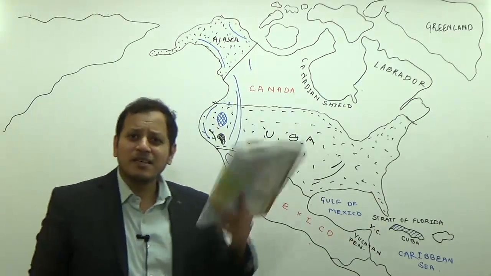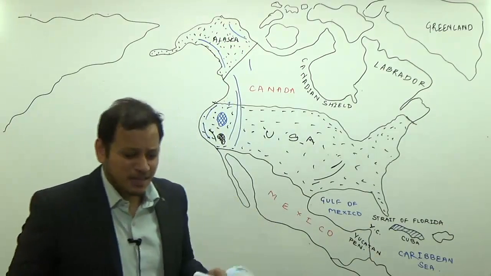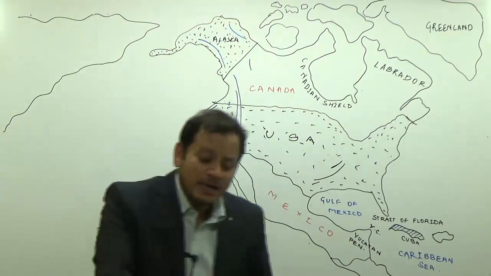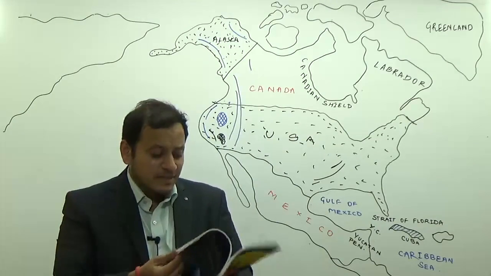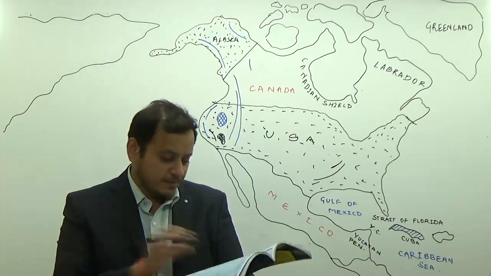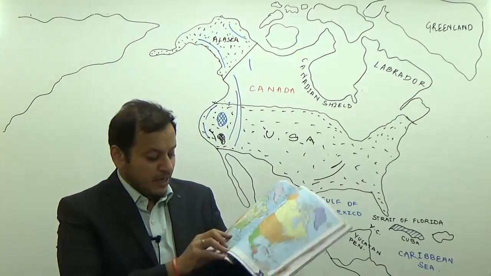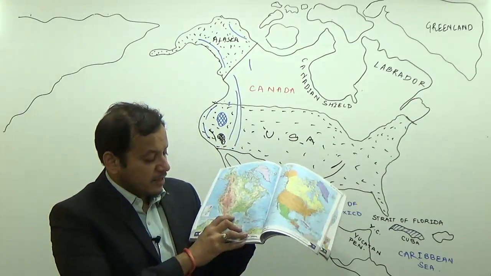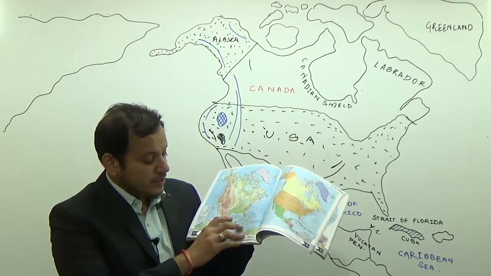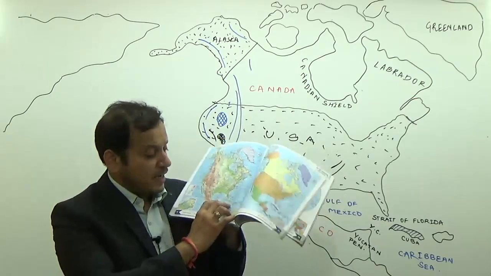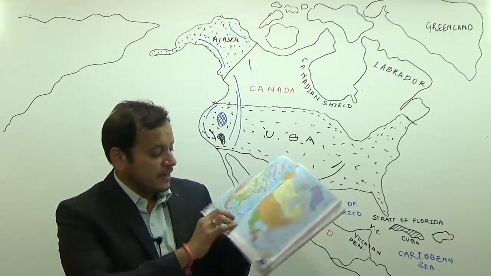And can you see the trench which is located in the Caribbean Sea? It is given in the Orient Longman Atlas. And is it given in the Oxford Atlas? In the major map, you can see the Yucatan Channel connects the Gulf of Mexico with the Caribbean Sea. It is not given here, but the name of the islands is given as the Greater Antilles Islands.